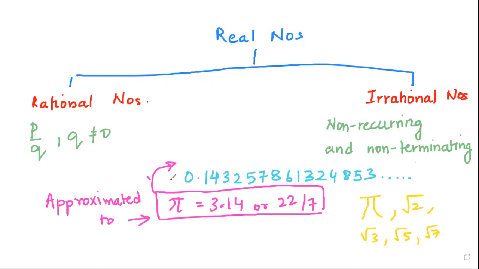Maybe when you do geometry, the first question which pops up in your head is: when we did the number system, ma'am told us that pi is irrational, then how are we taking it as a fixed number and calculating? This is the reason: it is still irrational, but just to make our calculation easier, we approximated it to this or this. Both of them are correct, and that's why we use it like this.